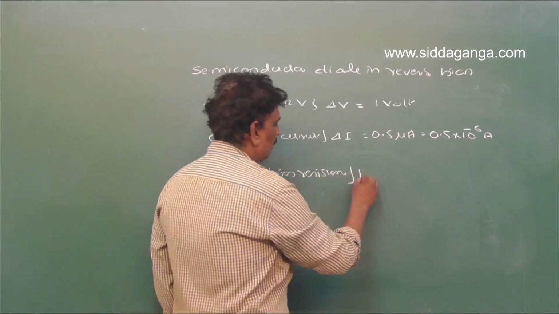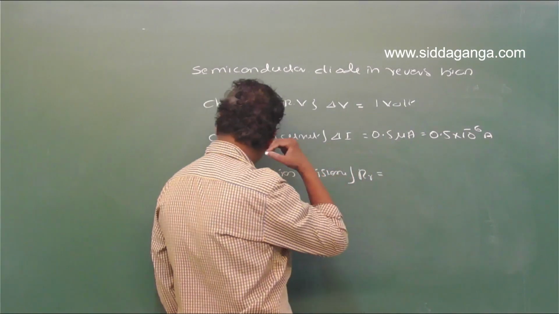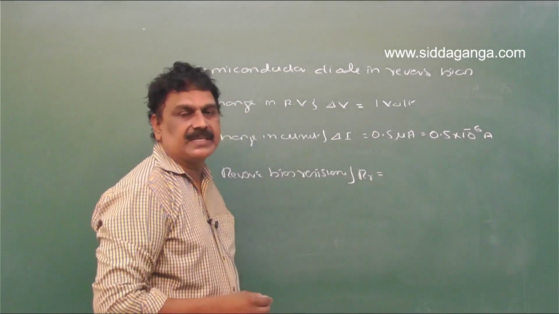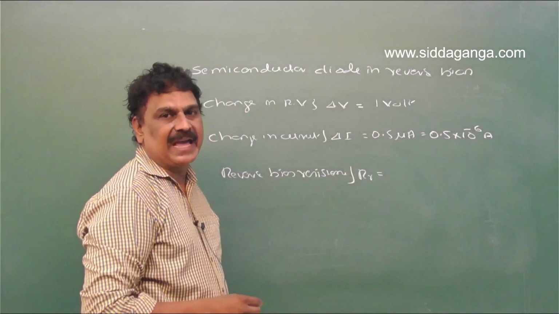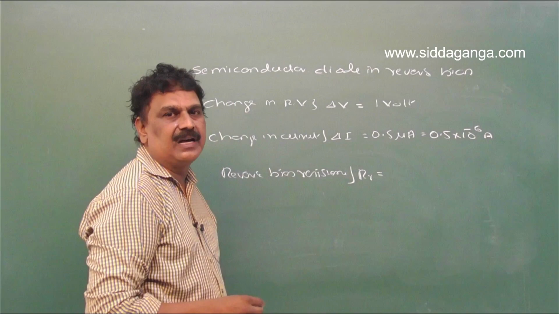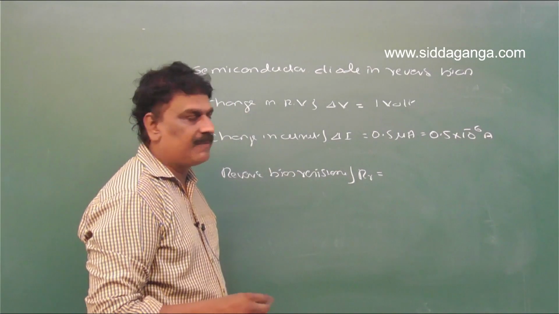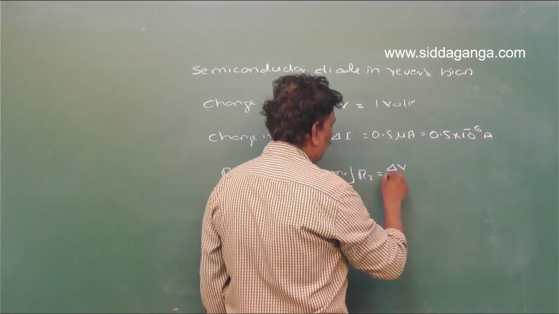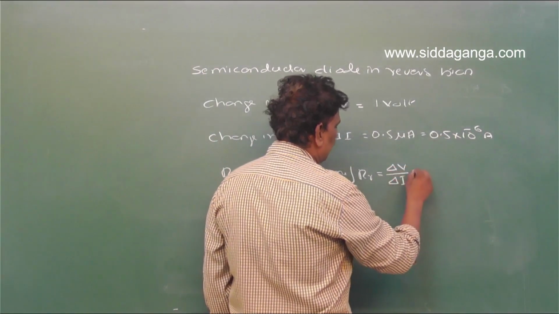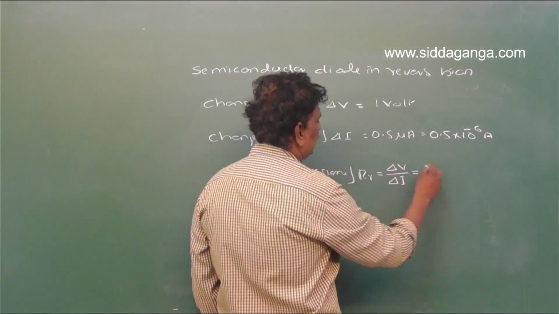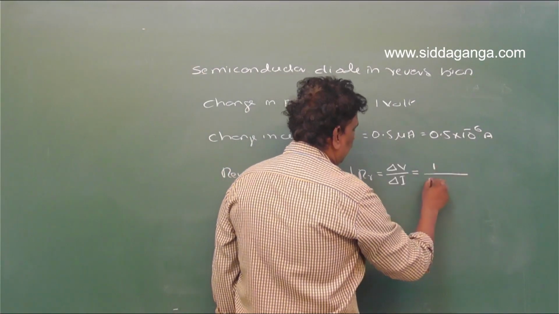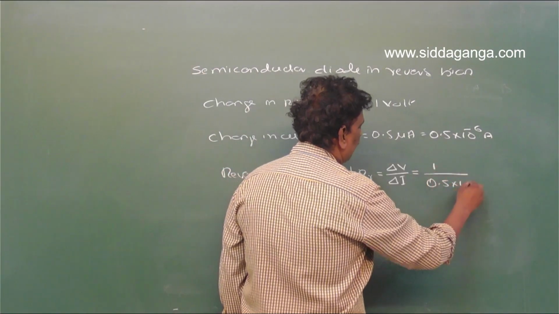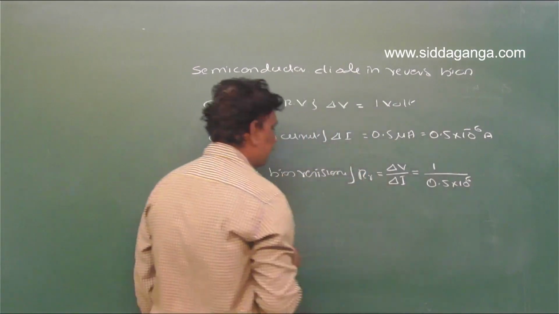So, R is equal to, by definition, resistance is V by I, the potential difference across the circuit element divided by the current flowing through it. So, here this is equal to change in voltage by change in current, that is 1 volt divided by 0.5 into 10 raised to the power of minus 6 ampere.